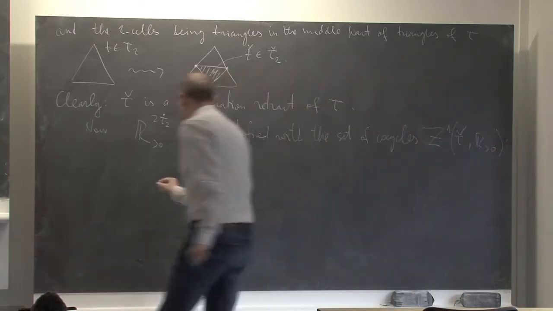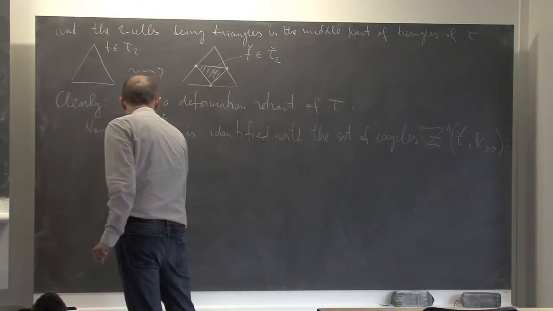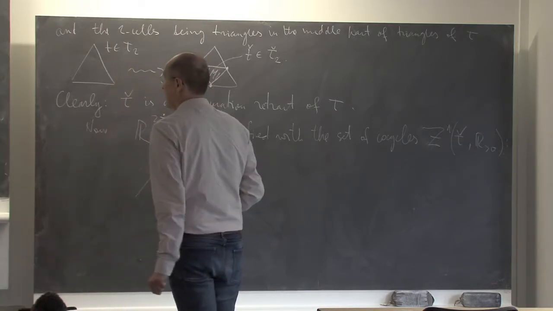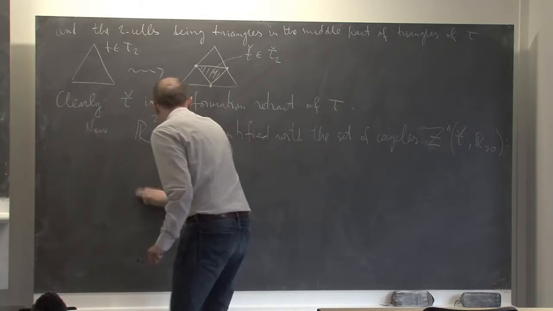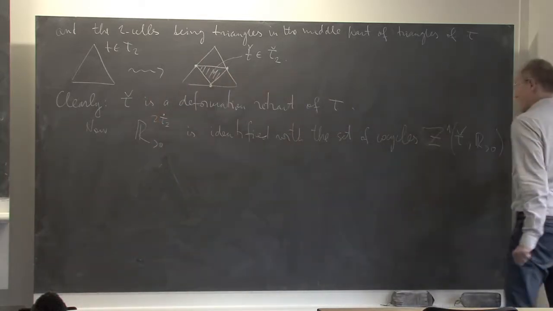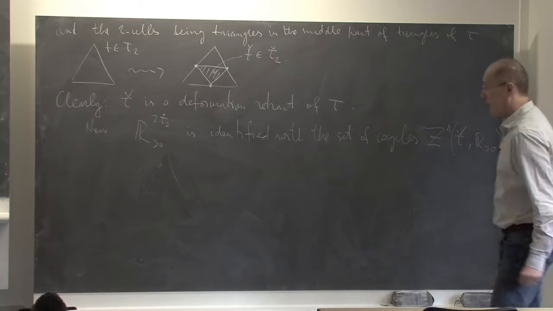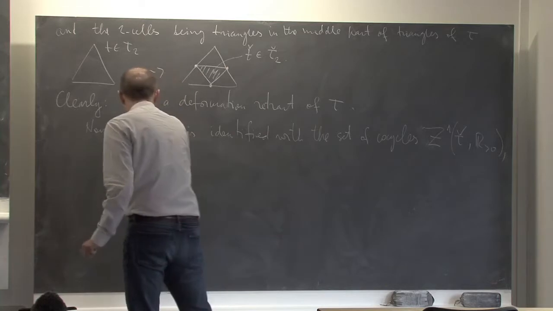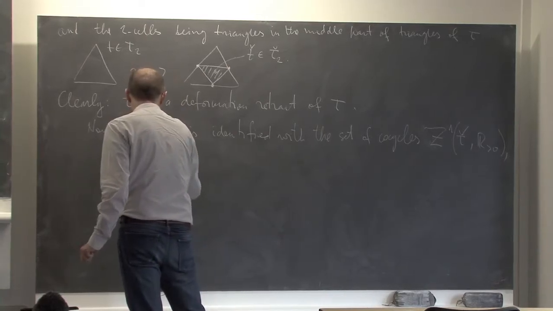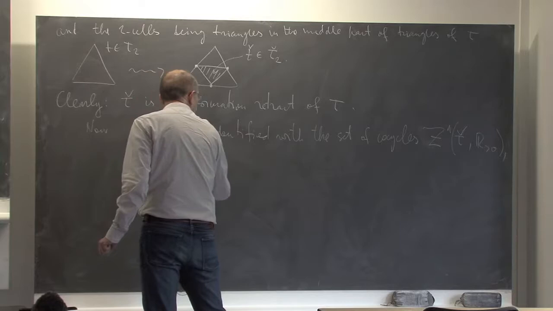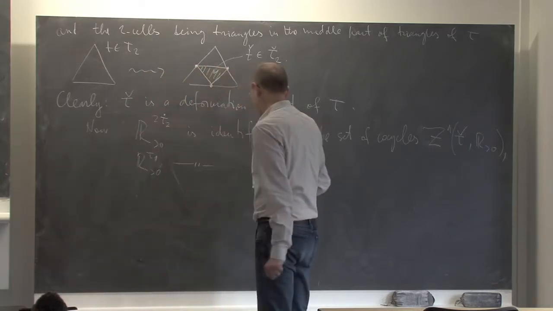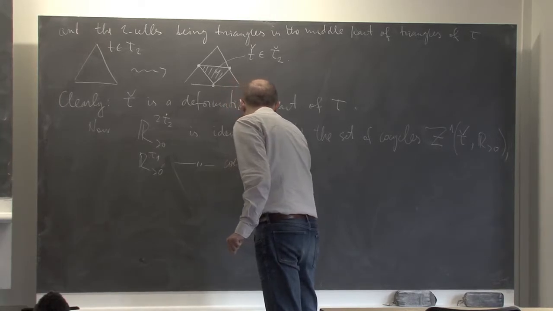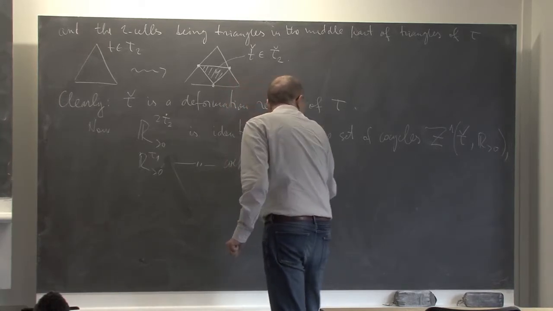So let us recall what was the definition. Let me finish this phrase: the set of cocycles, and R power tau 1 positive is identified with the set of cochains C0 of tau check.